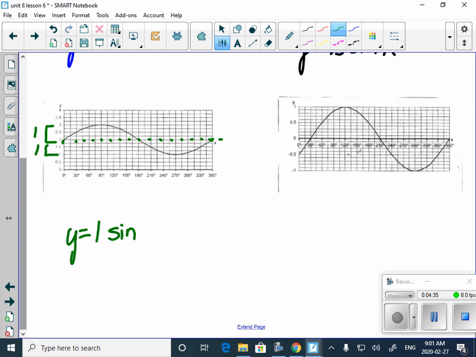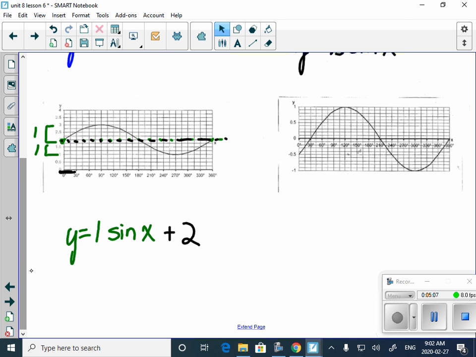It goes upwards first, to a maximum first and then to a minimum, so it is positive 1. It has not been shifted to the left or to the right. It starts exactly in the middle of the function, so I don't have a horizontal translation either. But this thing has been moved up. It's not at 0 as it normally is, but its axis is at 2. So the entire thing has been shifted up 2.